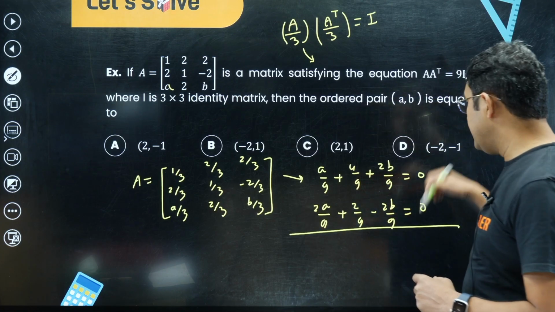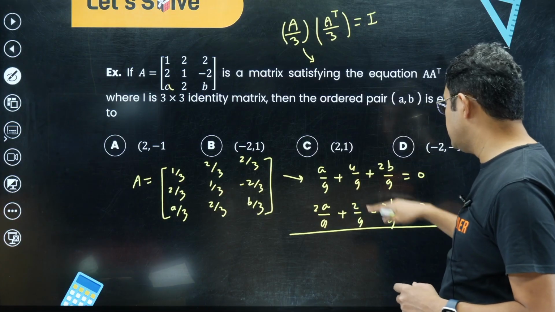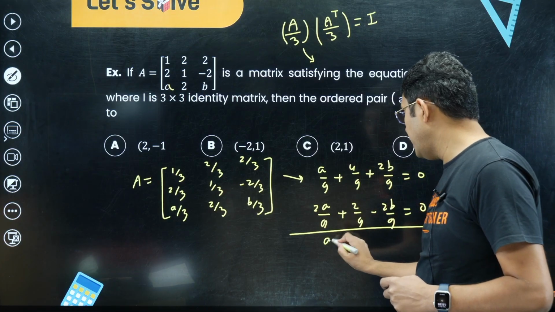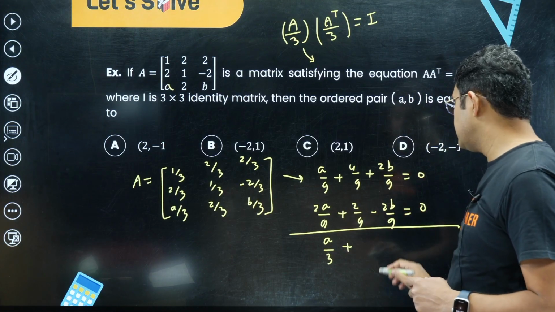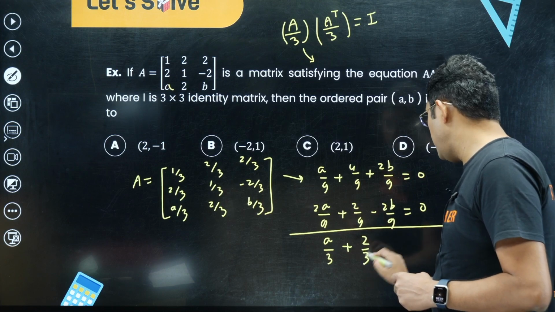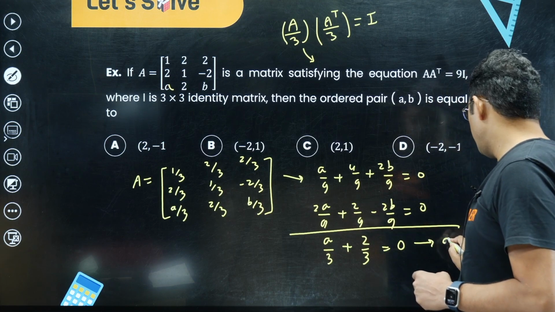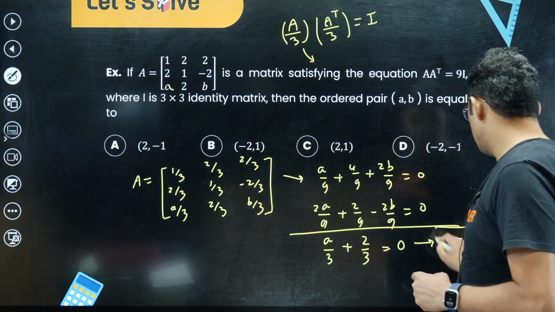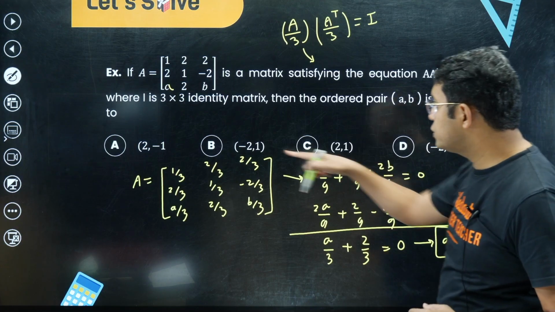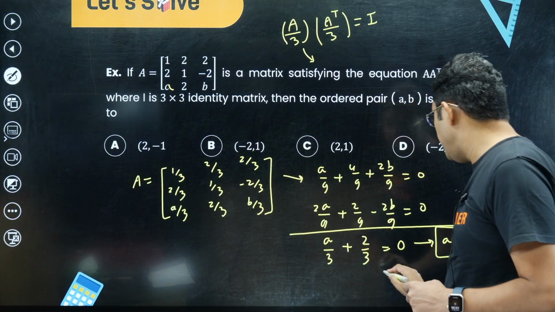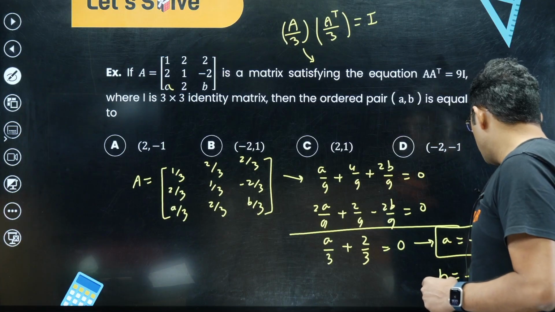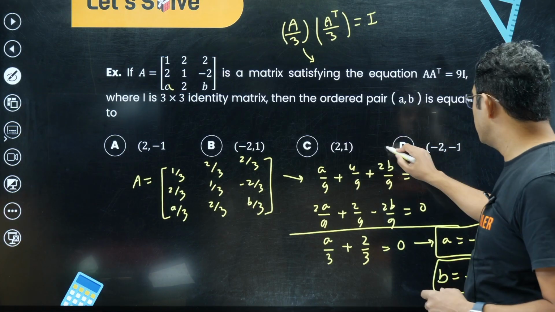If you add them, this will cancel. This will be 3a upon 9, so this is a upon 3 only. If you add these two, you will get 6 upon 9, so I can write this as 2 upon 3 is equal to 0. So the value of a is coming out to be -2. So the value of a is -2, so I think option B or D, and if we find b, you can check, b comes out to be -1. So the answer of this question is D.